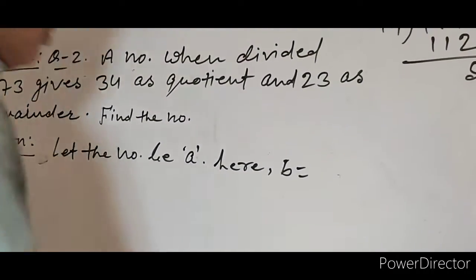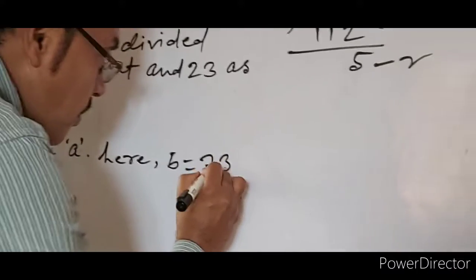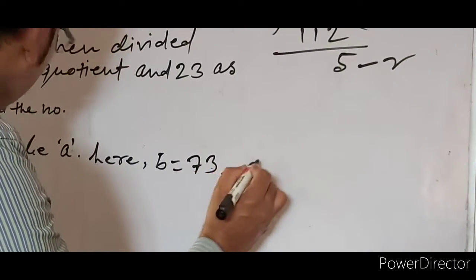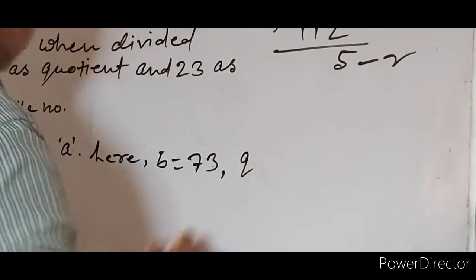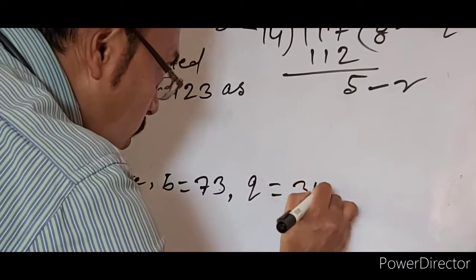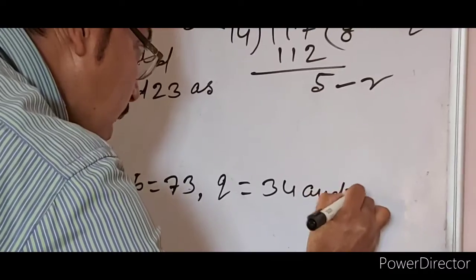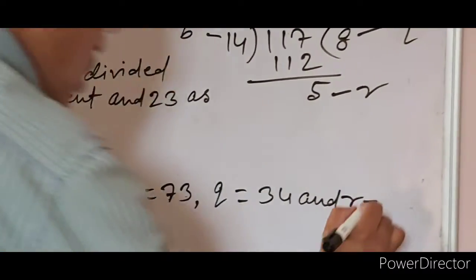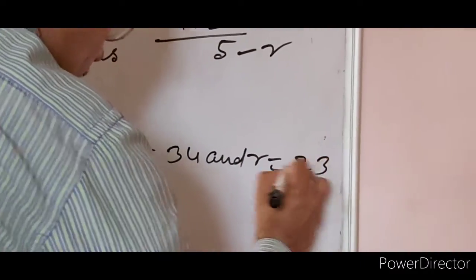So here B equal to 73, Q equal to 34 and R equal to 23.